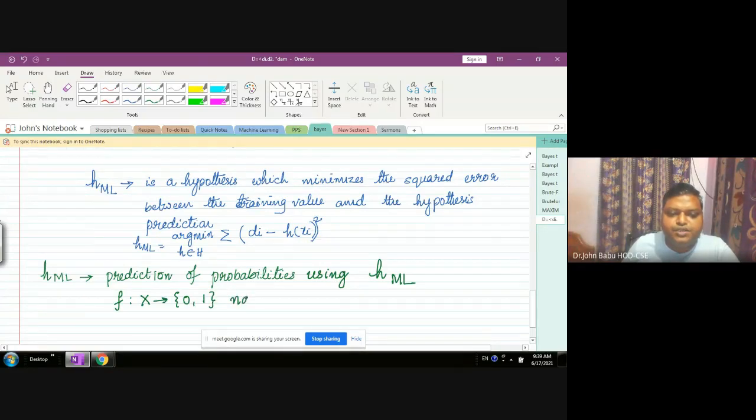This is called a non-deterministic function or probability function.